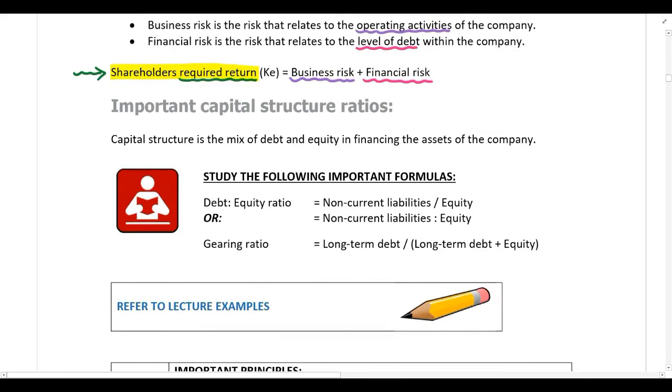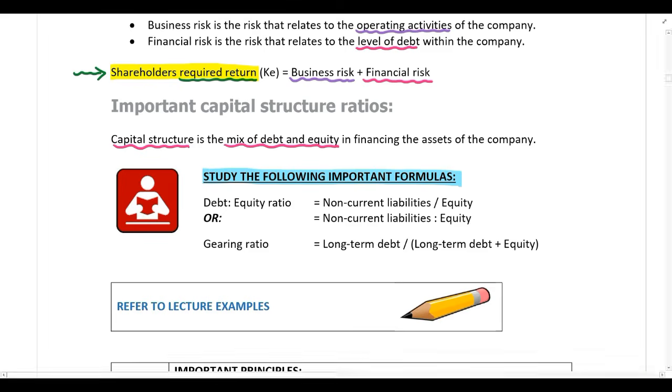Now guys, it's very important that you are able to calculate and interpret the following capital structure ratios. So what do these ratios tell us? Now, your capital structure is just the mix of debt and equity in financing the assets of the company. So in other words, are the assets financed 50% debt, 50% equity, or is it 60% equity, 40% debt, etc.? That is what these capital structure ratios tell us, the amount of debt that a company has in its capital structure.